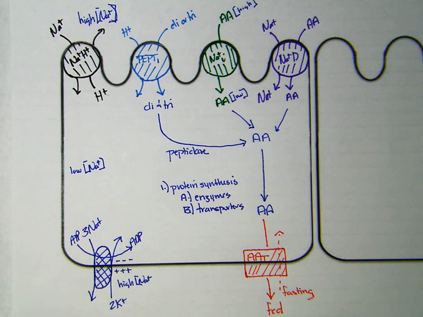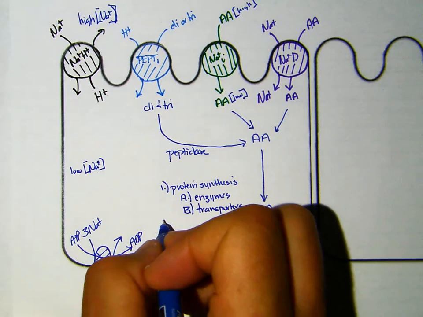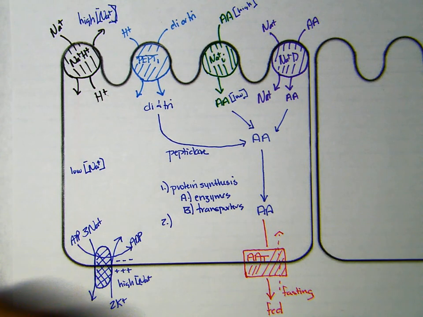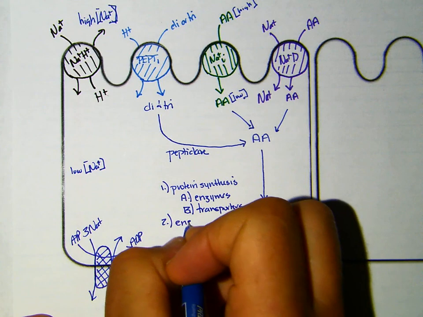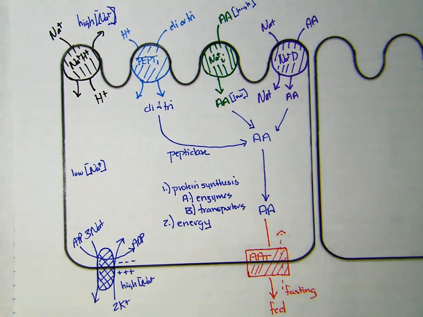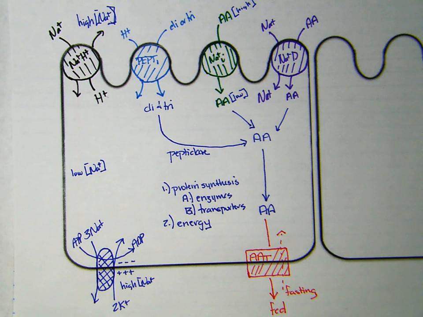The other thing that's unique about enterocytes is they really prefer to use non-essential amino acids as a source of energy. So they'll also take non-essential amino acids and use them as a source of energy.